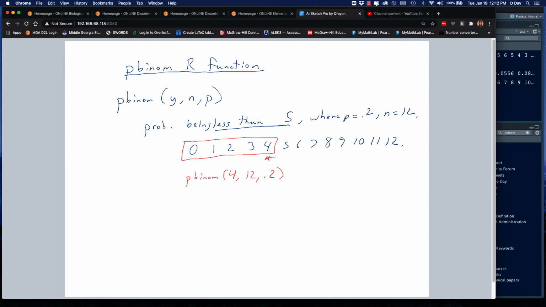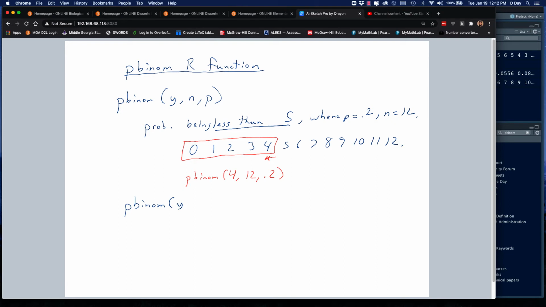If this had said less than or equal to 5, or at most 5, then we would have plugged the 5 in there, because we would want to include that 5. So you have to keep abreast of what you plug in based on what you're trying to find, because y will add up to where you tell it to stop. Now, there is an alternative version of this, which is called pbinom.